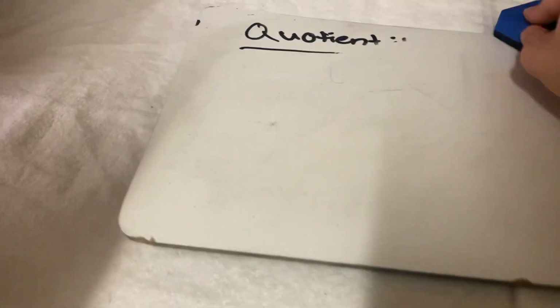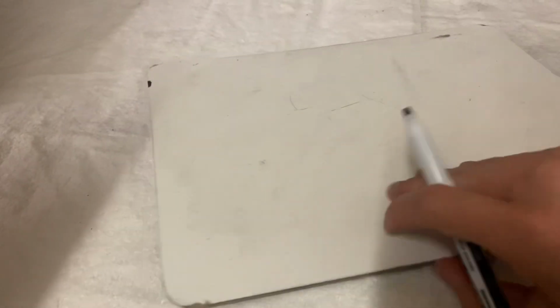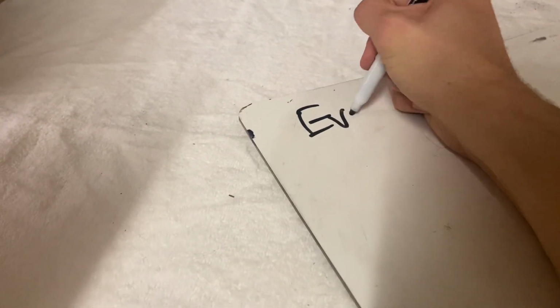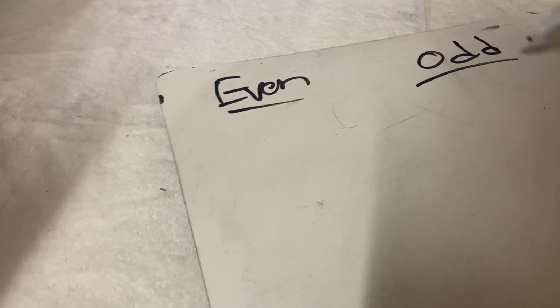And then the interesting thing about even identities and odd identities is that there are 4 odd identities and 2 even identities. So here's even, here's odd. Let's start with even.